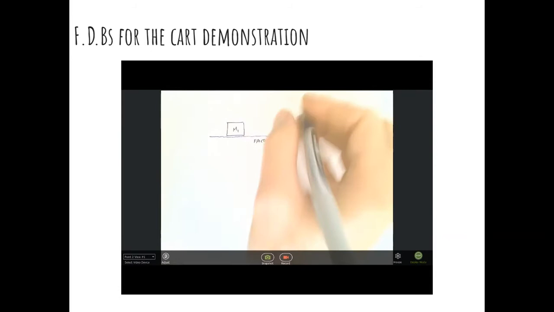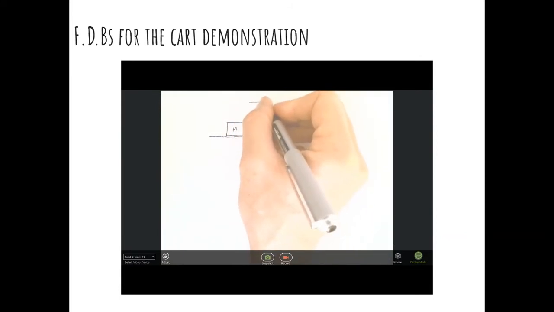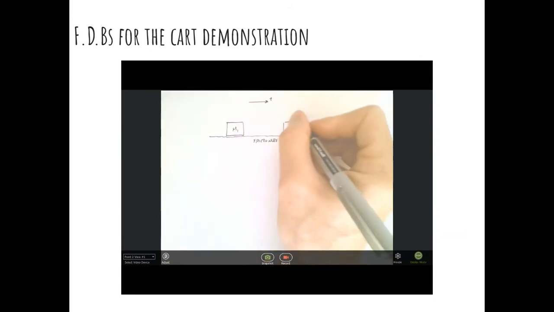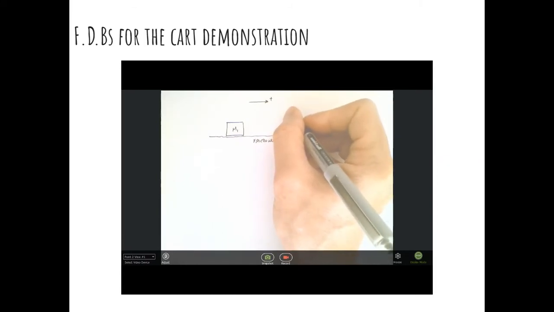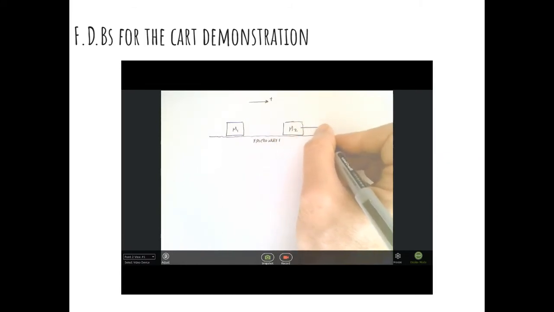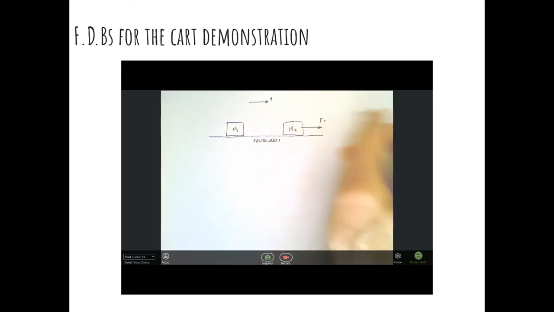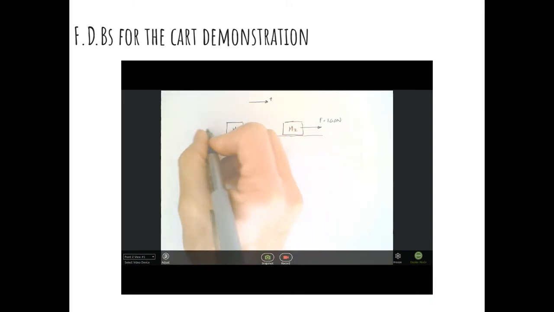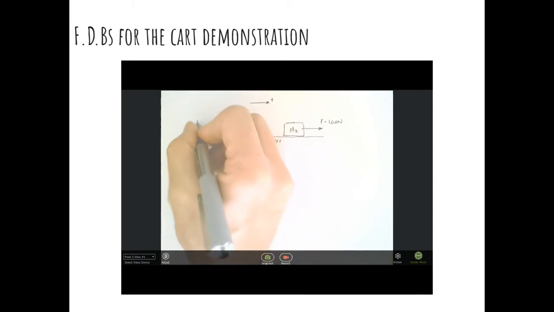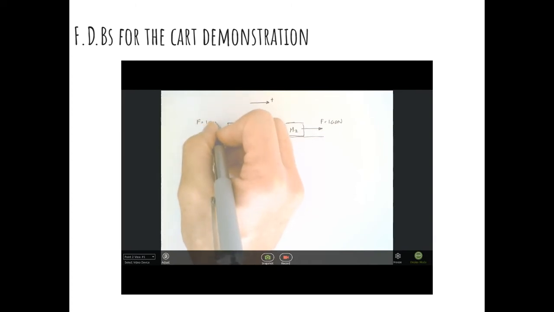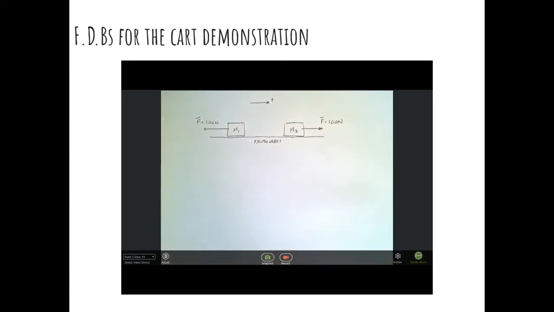Let's pick a direction to be positive, and say that the force acting on this object was 100 newtons. That means the exact same force would be acting on the other object, just in the opposite direction. So if there was a 100 Newton spring in between the two of them and it let them go and pushed off, both objects would feel the exact same force, just in the opposite direction.